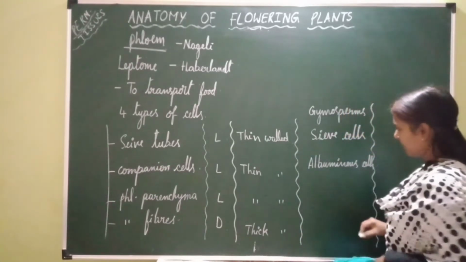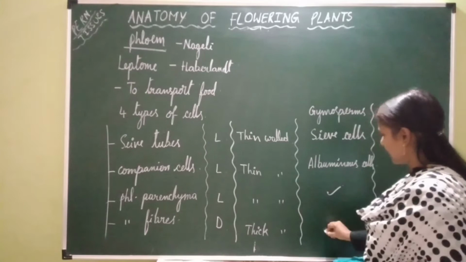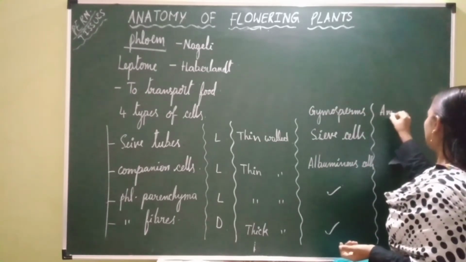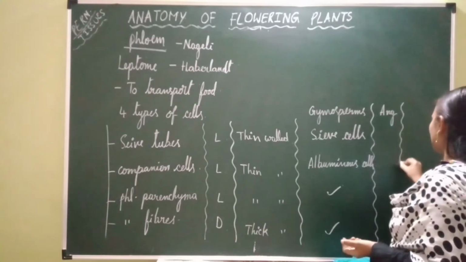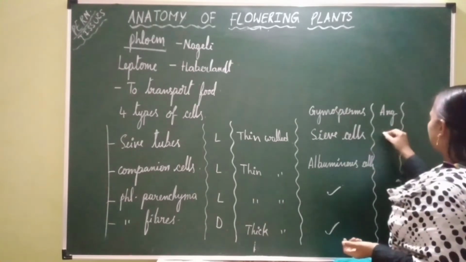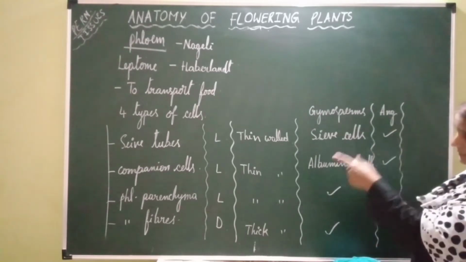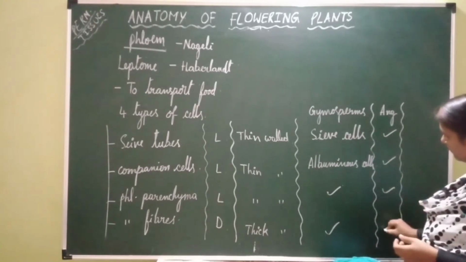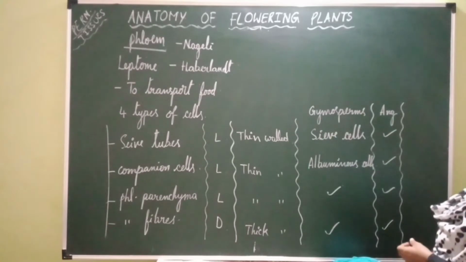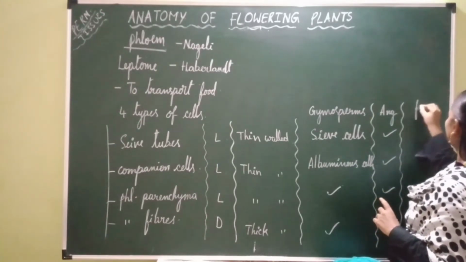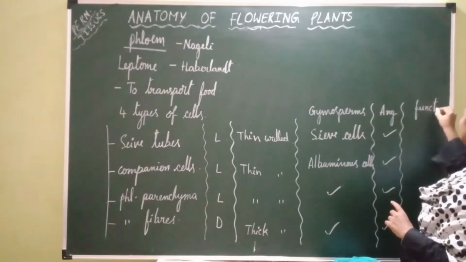Phloem parenchyma and phloem fibers are present in the phloem of gymnosperms. In the phloem of angiosperms, all 4 different types of cells are present, that is sieve tubes, companion cells, phloem parenchyma and phloem fibers.